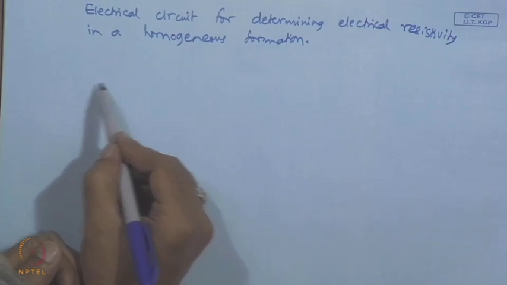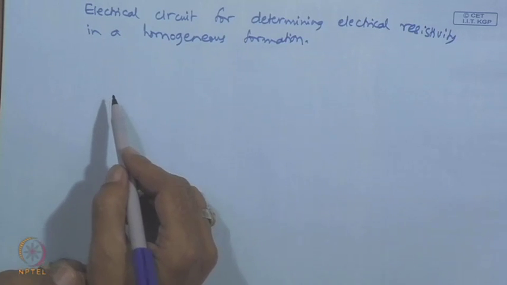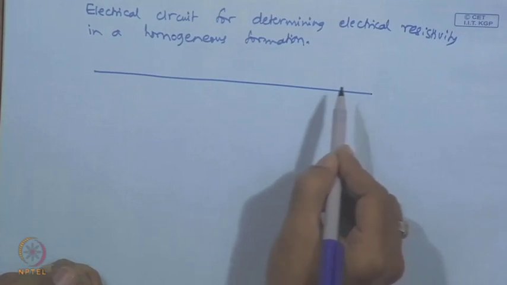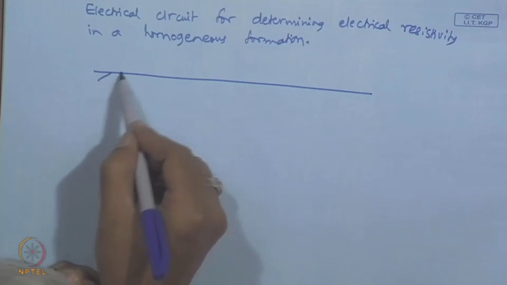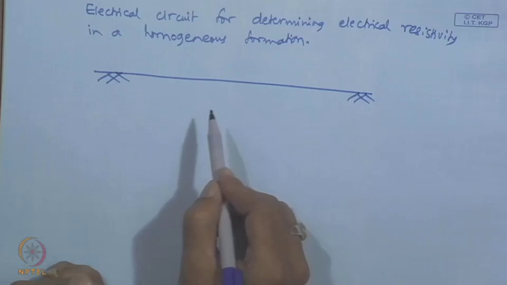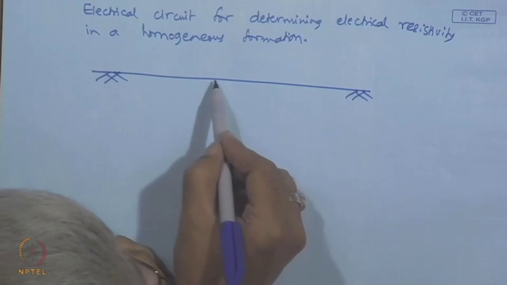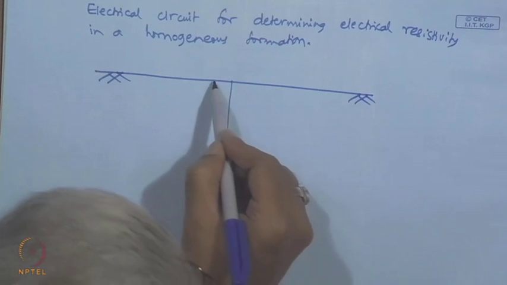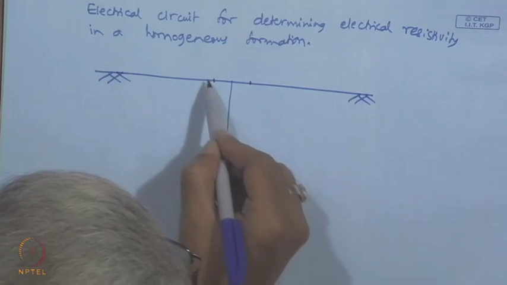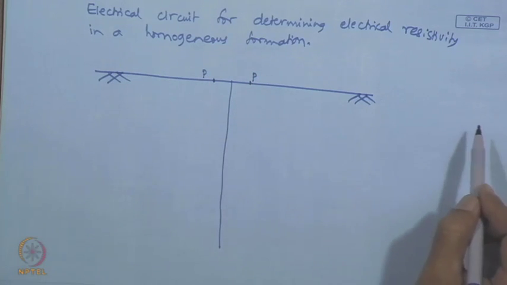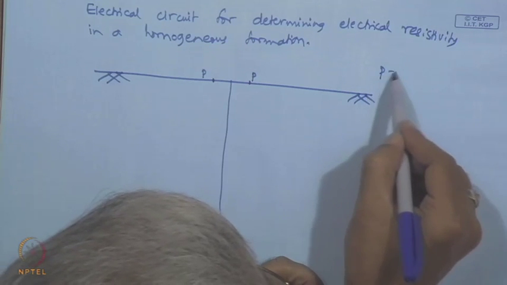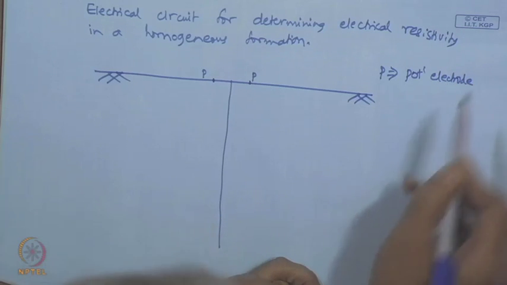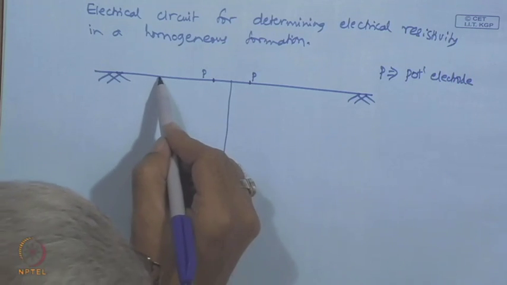There are two current electrodes located far away, in the same line as the potential electrodes. These are the potential electrodes: P implies a potential electrode, and C implies a current electrode.